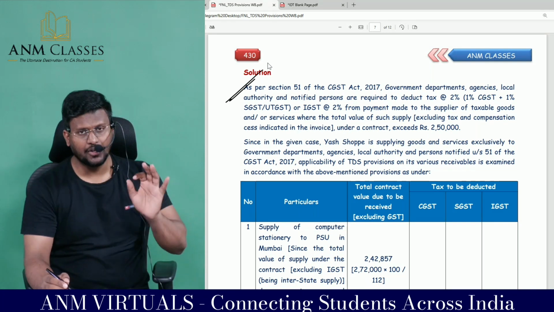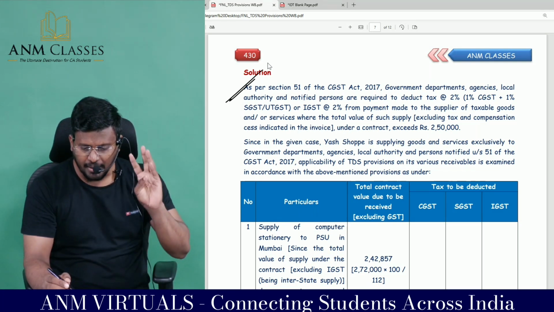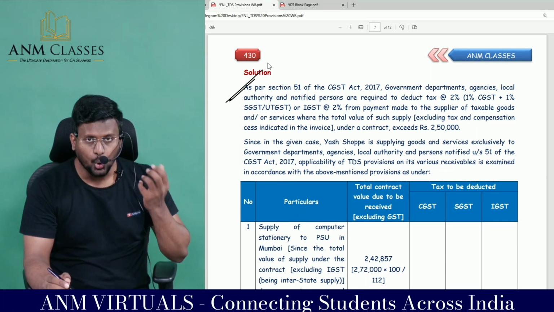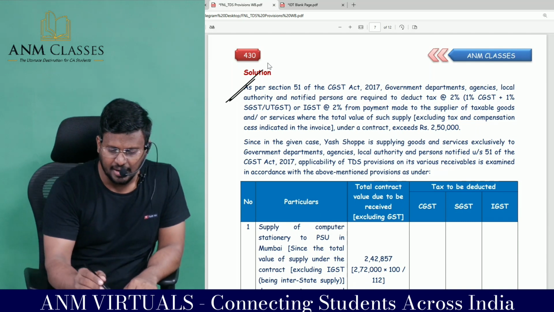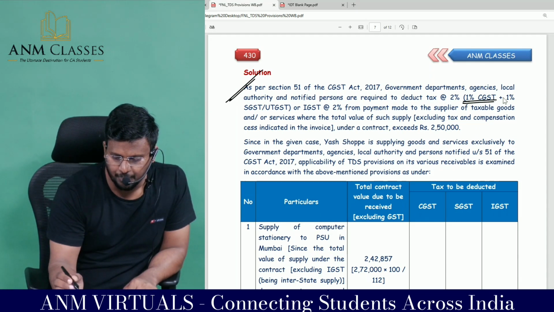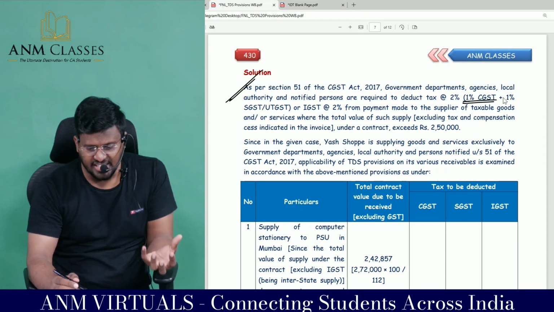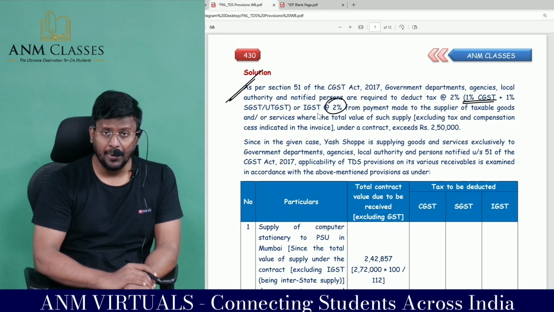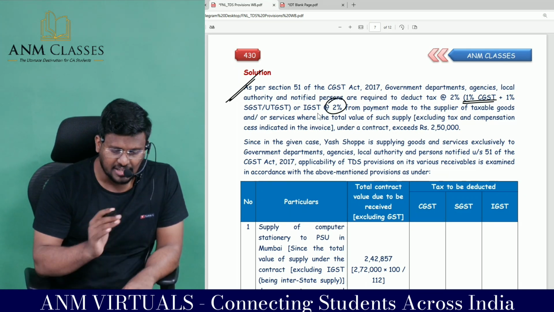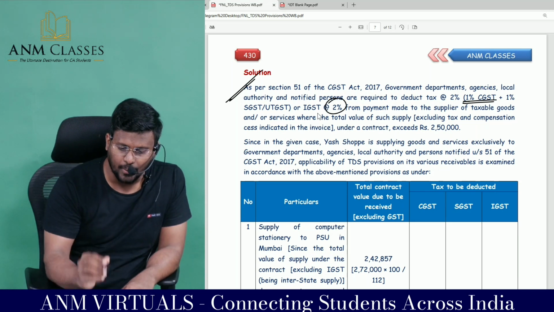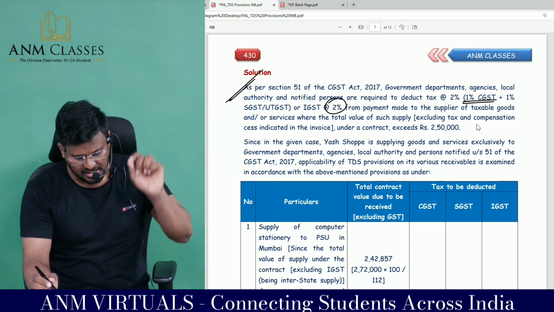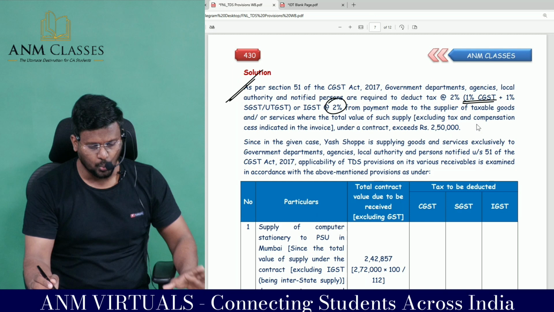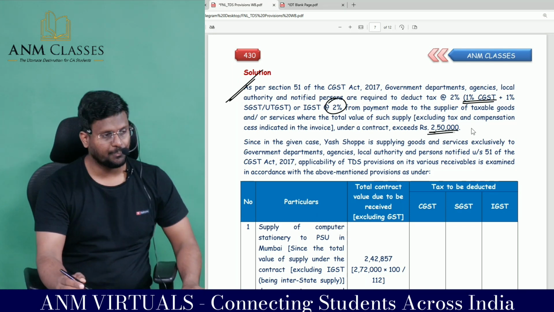As per section 51 of the CGST Act, government department, agency, local authority, notified person are required to deduct tax at how much percent? 2%, which is 1% CGST and 1% SGST or 2% IGST, from payment made to the supplier of taxable goods or services, where the total value of such supply excluding taxes as indicated in the invoice under a contract exceeds how much?